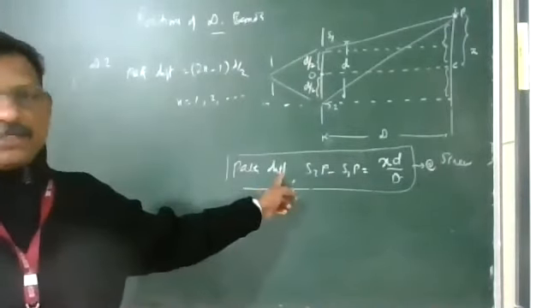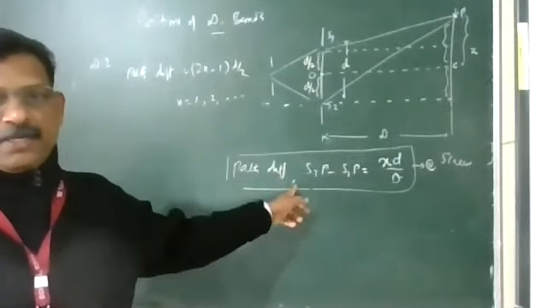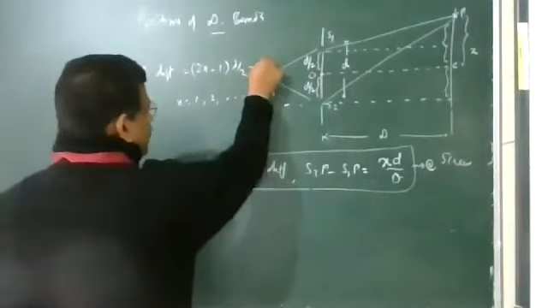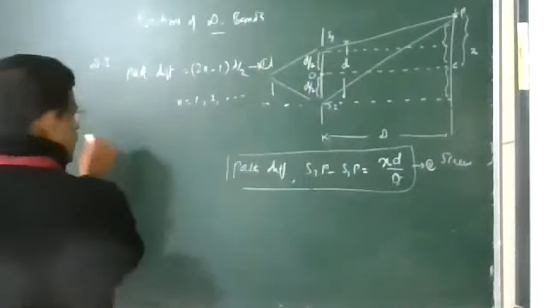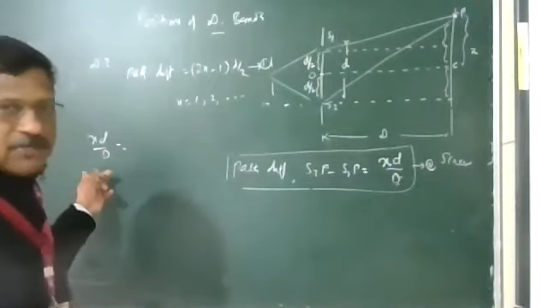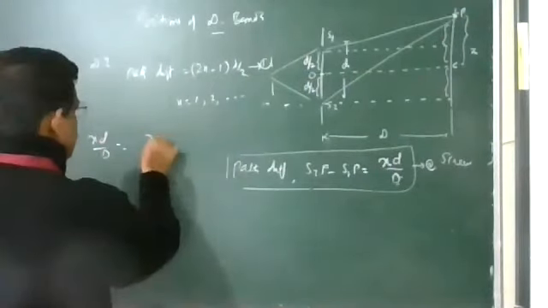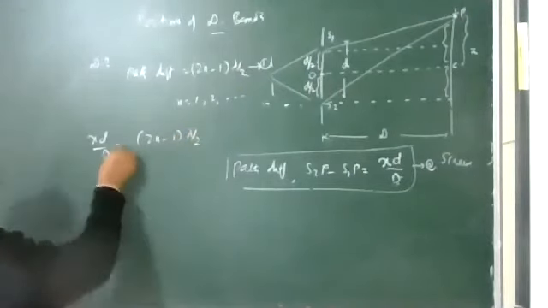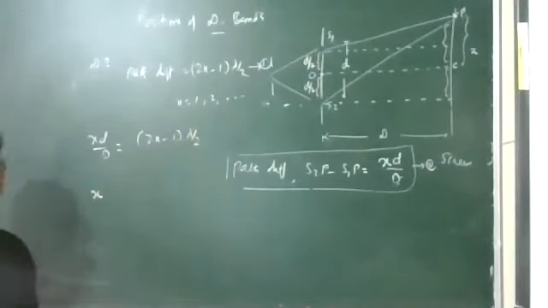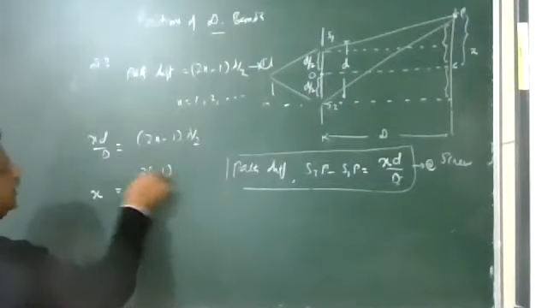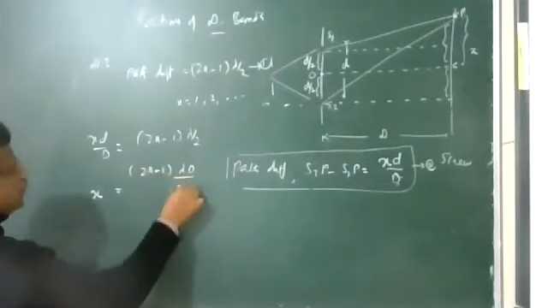This we derived from the equation. But the path difference we always give in terms of its geometrical value. So from equation 1 and equation 2, xd by D equals (2n minus 1) lambda by 2. So you will get the position of x here. x means the position of the dark band, so x equals (2n minus 1) lambda D by 2d.